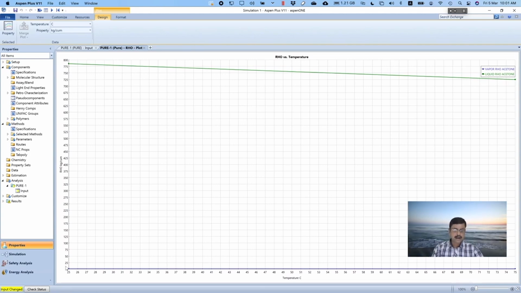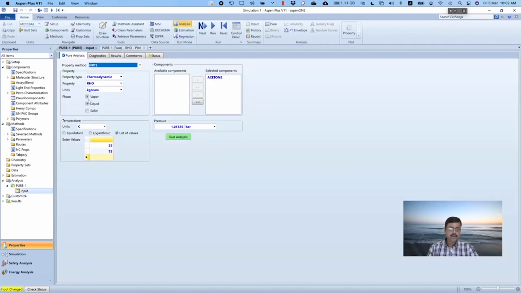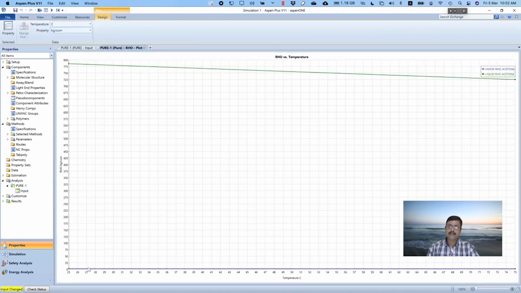Now this vapor density curve, the blue one, is not of any relevance because you know that at atmospheric pressure and at 25 degrees centigrade, acetone is liquid. But just because you have given two phases, that is vapor and liquid, it has given some result. So in this case, we disregard the vapor acetone because acetone is not in vapor phase at this moment.